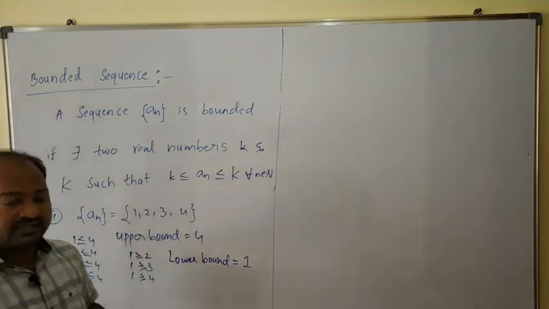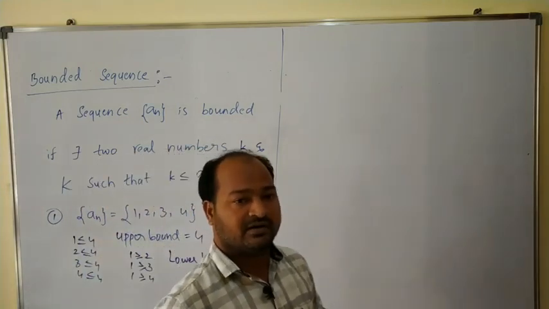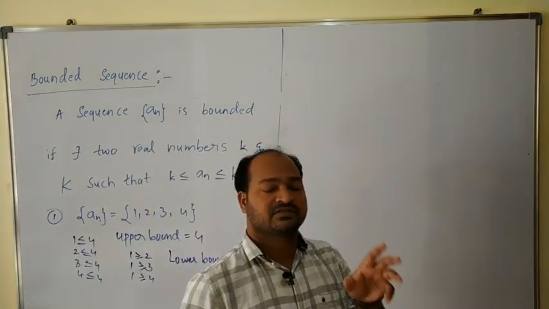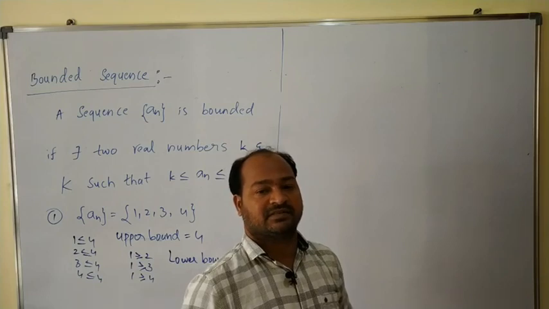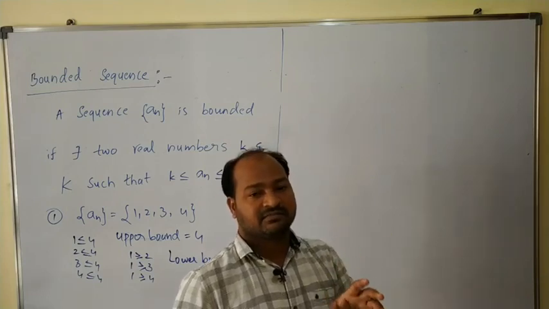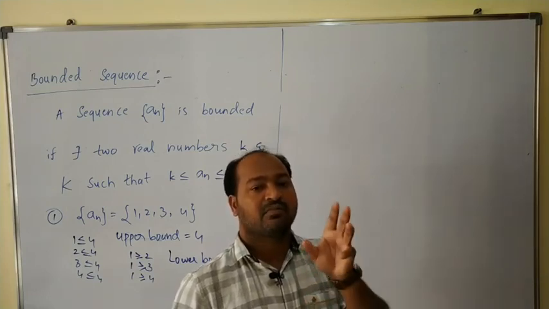Suppose a sequence is not bounded, then such a sequence is called an unbounded sequence. An unbounded sequence is nothing but a sequence which is not bounded.